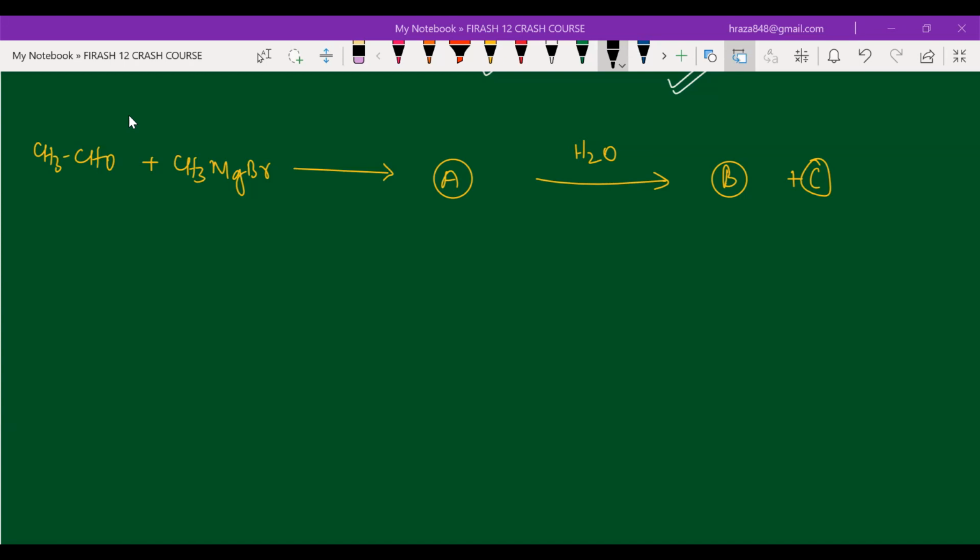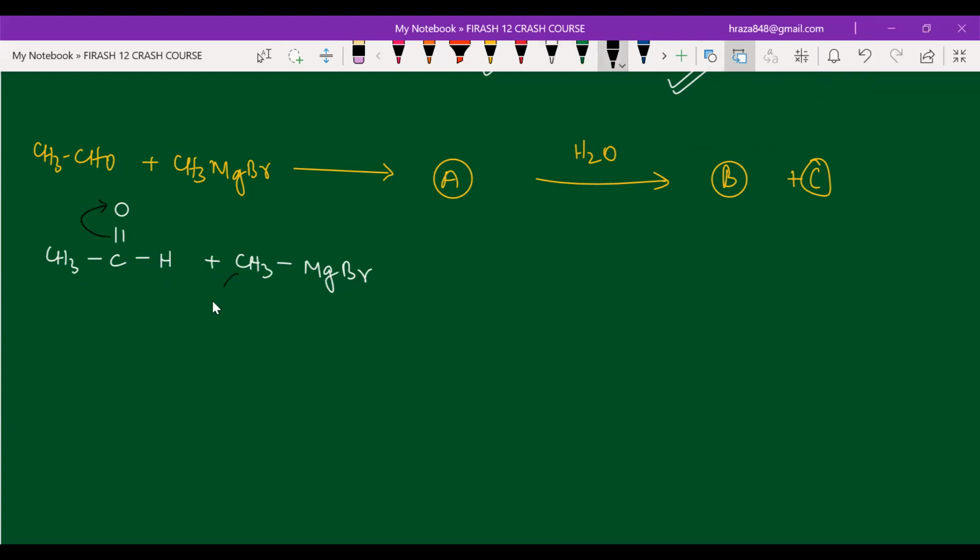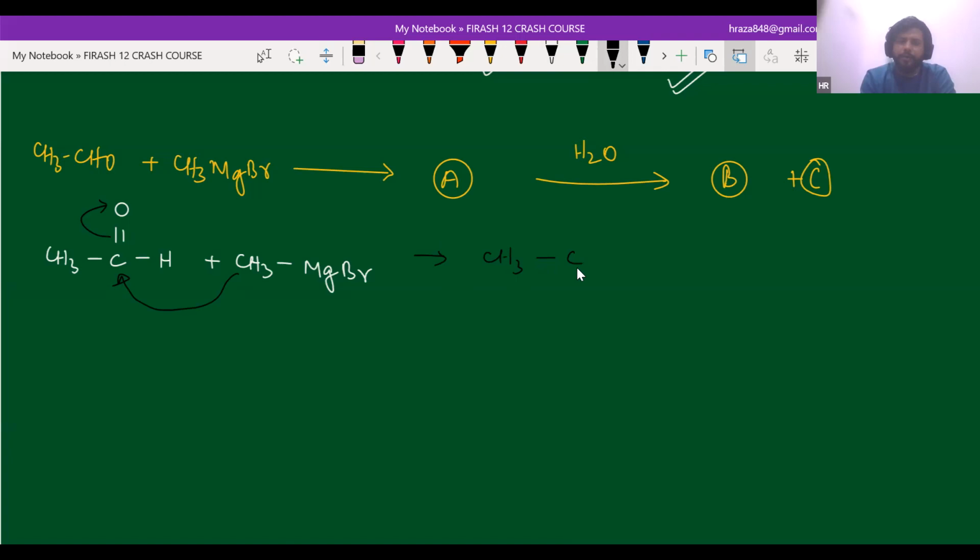Are you done with this? So this will be written as this. CH3MgBr. You know that. Then this CH3 attached to C, so it will be CH3. Very good. C, and there is CH3, and this is O, O minus Mg plus Br.